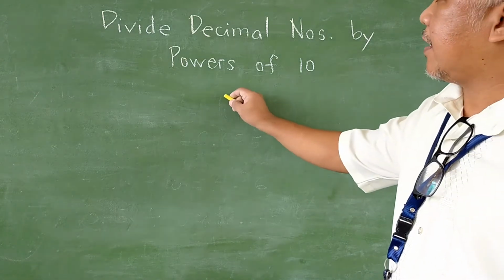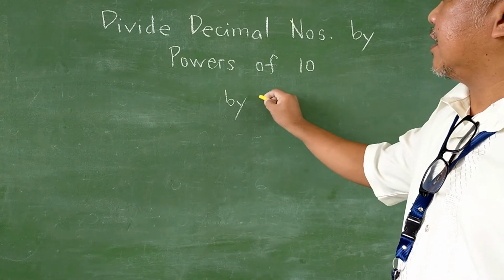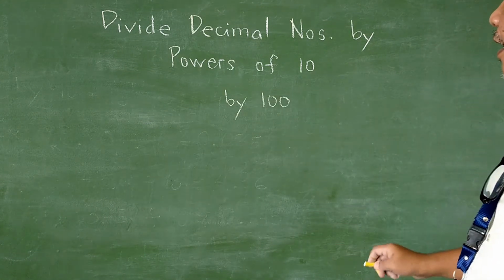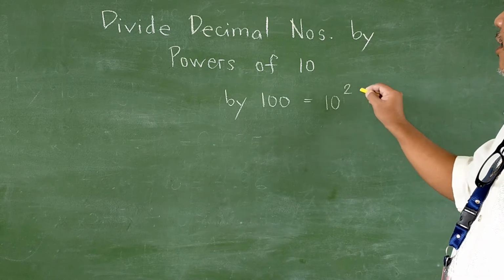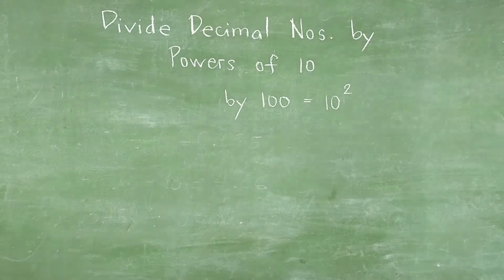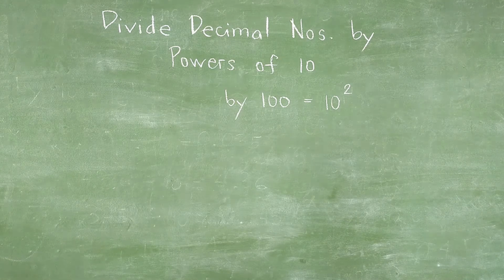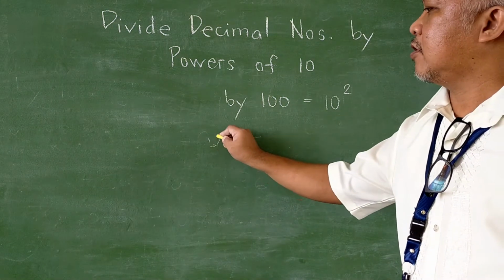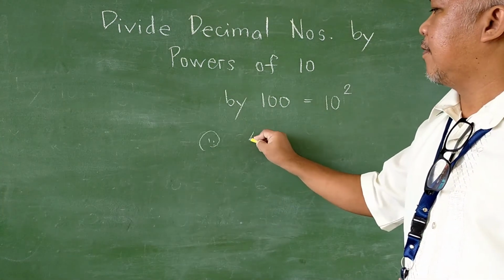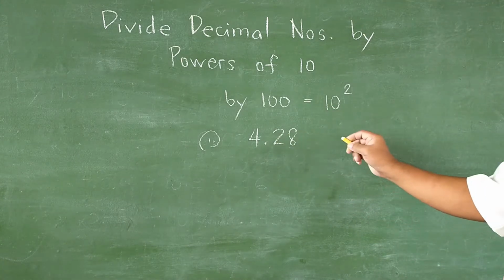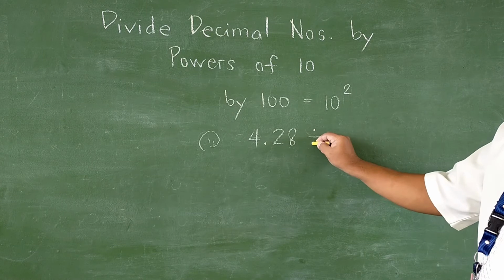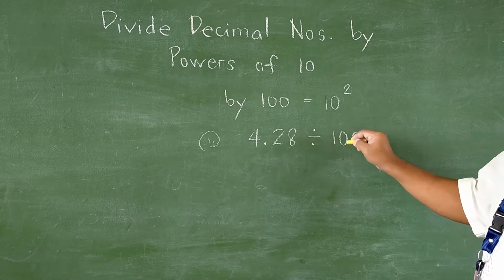Now, what if a decimal is divided by 100? Or, yung tinatawag natin 10 to the second power. What is the quotient? So, suppose your problem is 4.28, for example. Then, divided by 100.